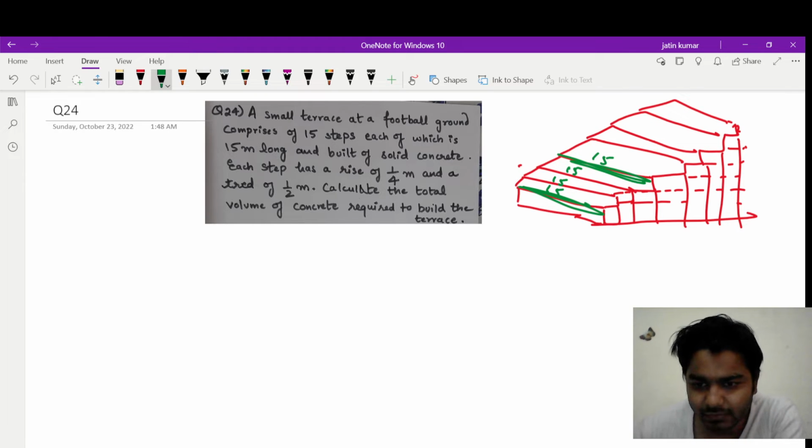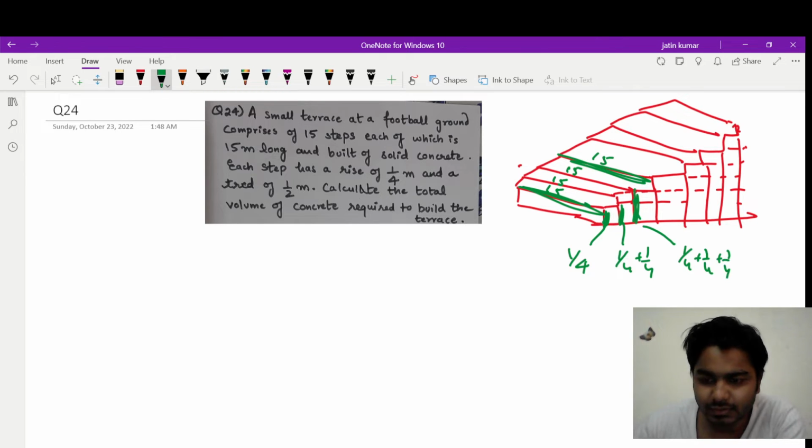Okay, so the first step is 1 by 4. The second step will be 1 by 4 plus 1 by 4, and the third step will be 1 by 4 plus 1 by 4 plus 1 by 4. Okay, this is how 1 by 4 keeps on adding. And the last step will be 1 by 4 added 15 times.